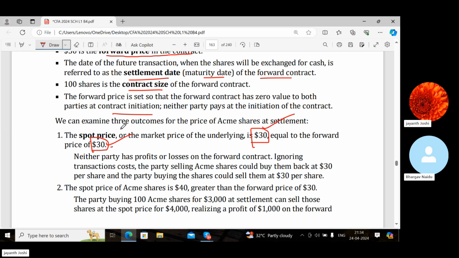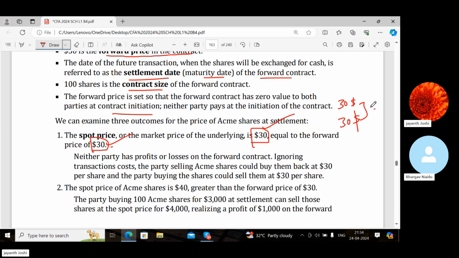If the spot price is equal to the forward price on that day when you are going to fulfill this contract, or on the maturity date, the forward price at which you fixed to buy that stock is $30, and the market price or the spot price is $30.